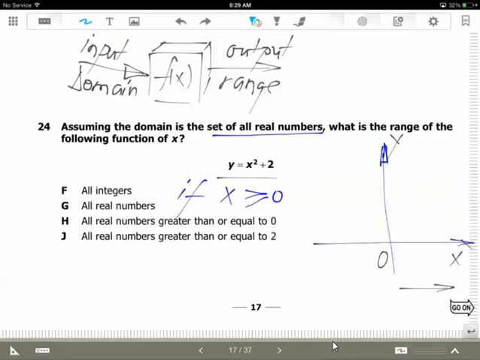The question is, what will be my y? Well, if x equals 0, x squared will be 0, y will be 2.